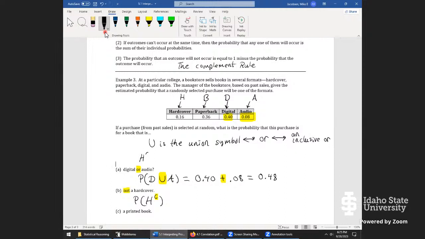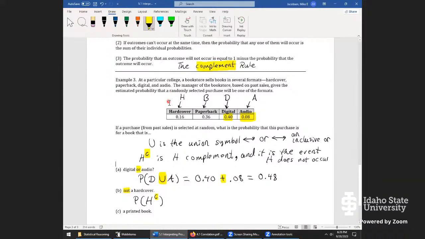H with a C here is H complement. And it is the event H does not occur. So that word here, not, is a symbol whenever we write down these events. And it means we're looking at the probability that it was not a hardcover.